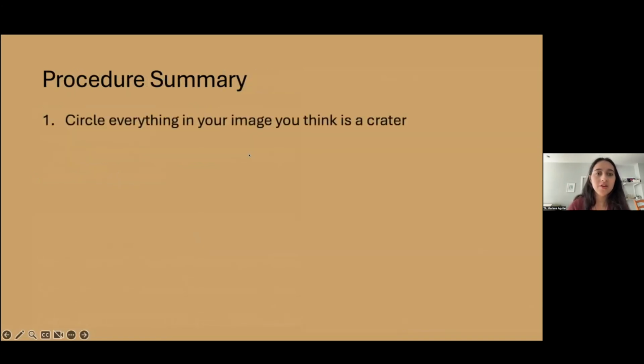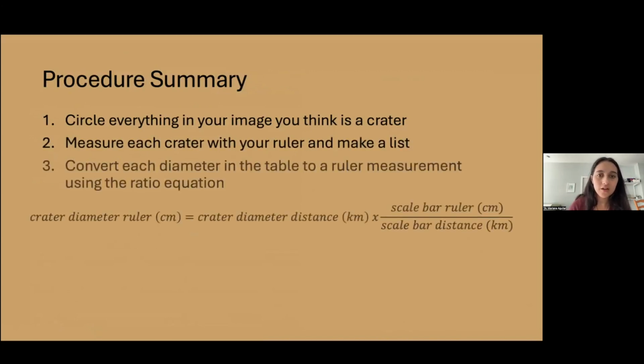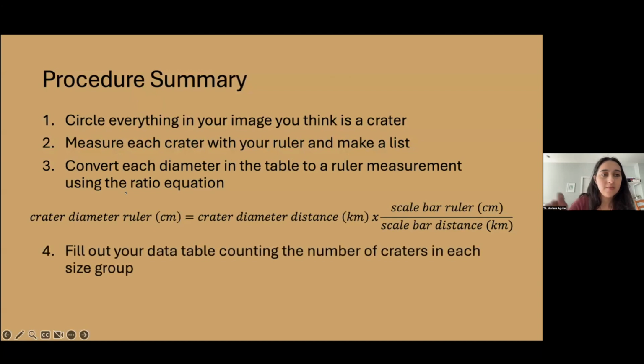Just as a quick summary, you're going to circle everything you think is a crater. You're going to make a list of what they are after you measure them with your ruler. You'll use this equation to convert everything, which we already did 3 of them for you on the table. Then you'll count the number of craters in each group, which you can do with a tally mark on your table just to count them easily.